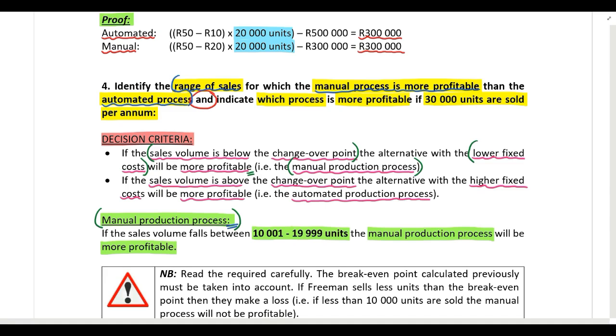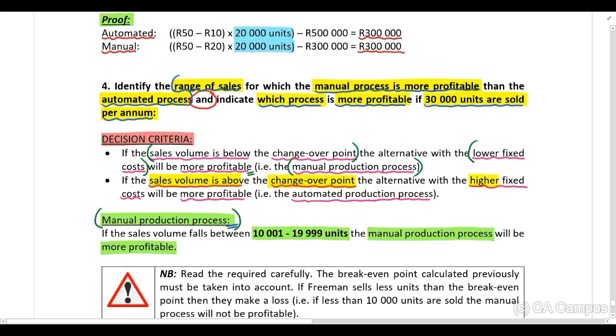Then be careful, there was also a second part to the required over here. Indicate which process is more profitable if 30,000 units are sold per annum. So guys, 30,000 units is obviously above the changeover point of 20,000 units.